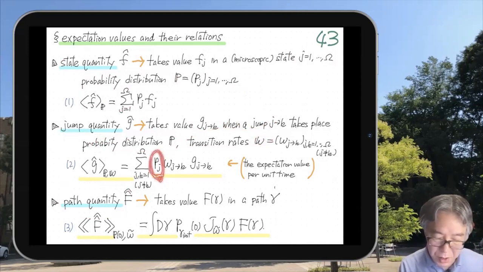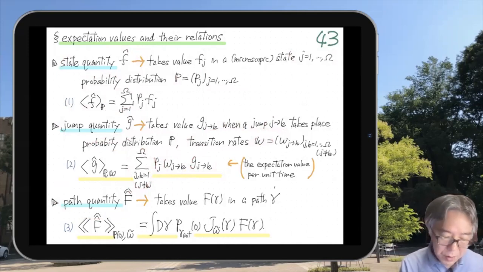So this gives the probability that you are in j, and then there must be a jump from j to k. So we multiply this with the rate of the jump, and now we have j and k. So we multiply this with g and sum over all possible j, k. Okay, and so this defines a good expectation value, which depends on p and omega.